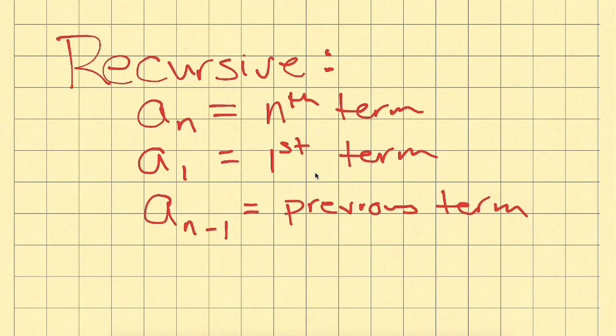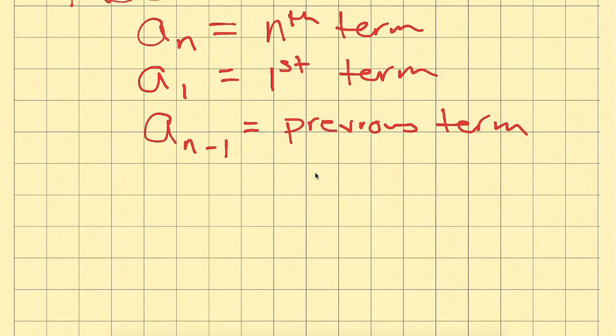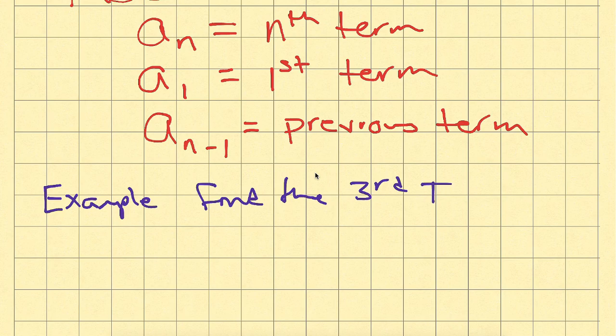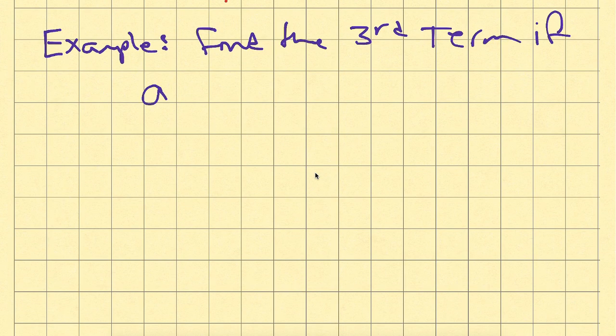So when you're doing a recursive formula, usually the way the example works out is it might be find the third term if maybe a sub 1 is equal to 4 and a sub n is equal to 3 times a sub n minus 1, something like that.